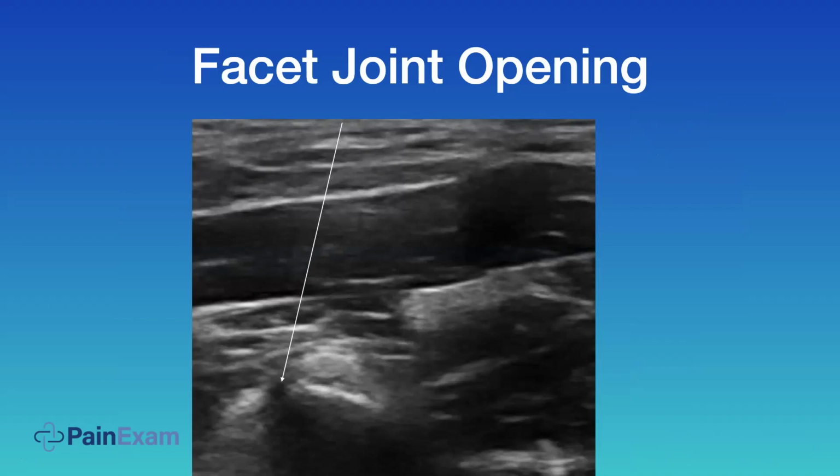Here's the facet opening. Okay, this is what it looks like. The gap in the bone is very small. You can't see this in everyone, especially if they have a lot of degeneration or an osteophyte, which can cover the joint opening.